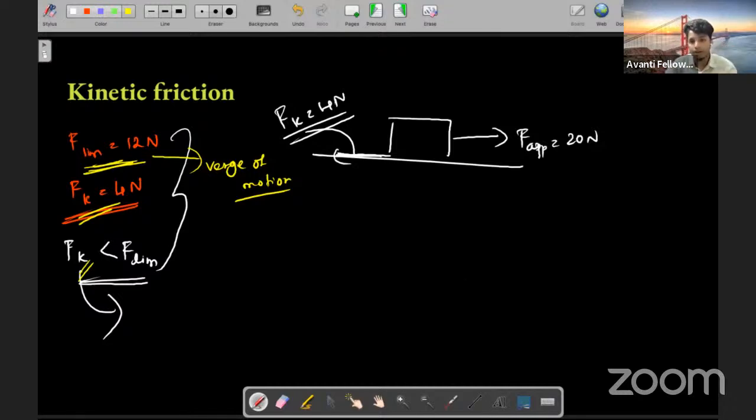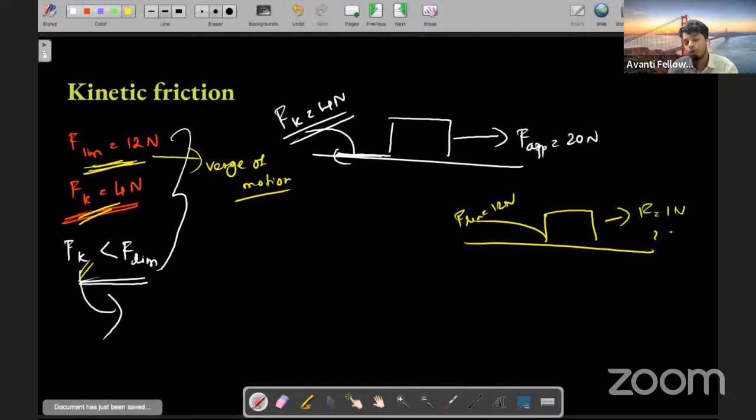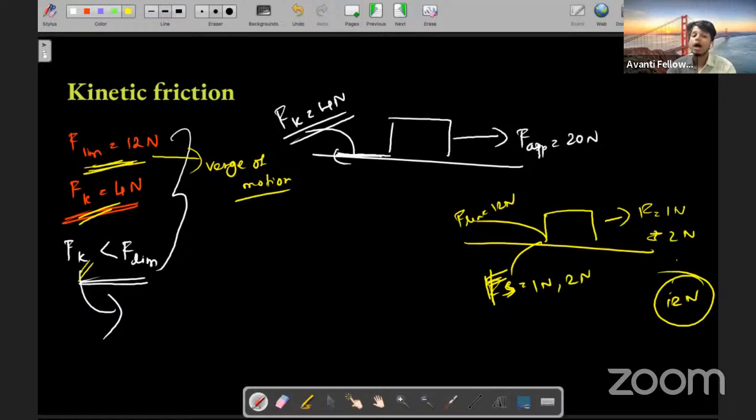If I apply 1 Newton, 2 Newton, then static friction Fs will be acting, up to 12 Newton. Yes or no? After 12 Newton, if I apply 13 Newton, the body will move. Over here, the kinetic friction is acting such that there will be motion.